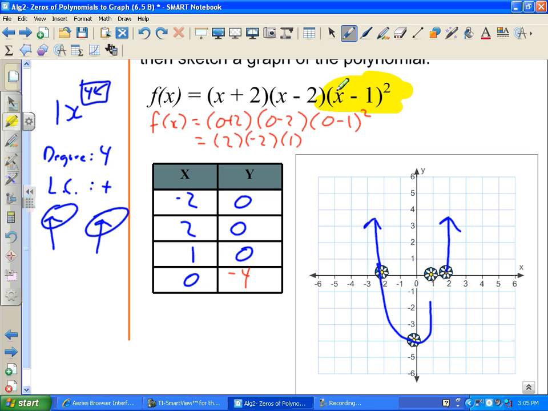The double root means it kind of goes up and down at that coordinate. Or, here's a better way to say it. It turns right there so it only touches the axes at that root. It's basically like a vertex. That root becomes a turning point.